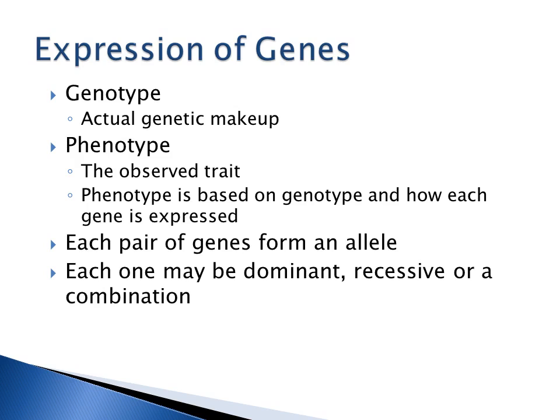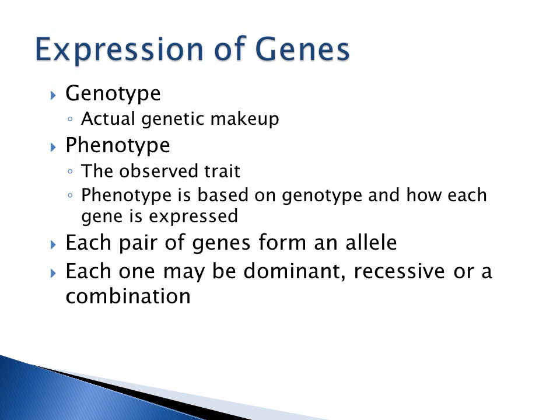So genes are expressed, and when you're referring to someone's genotype, that is their actual genetic makeup, what those genes are. The phenotype is what we see, or the observed trait. So the phenotype is based on that genotype and how those genes are expressed.